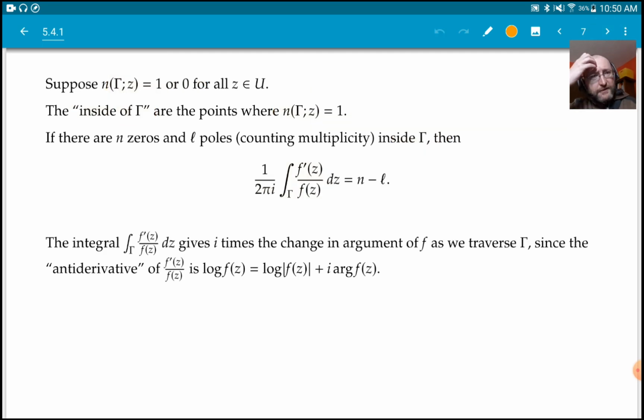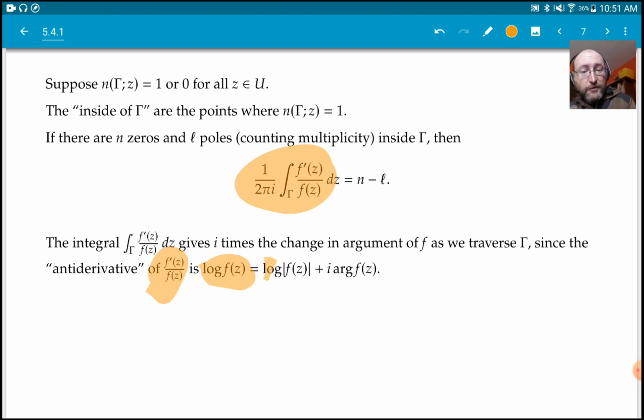Now, really, why is it called the argument principle? Because we don't really see an argument in this integral. Well, the thing is to think, what is it? The antiderivative of f prime over f is the holomorphic log of f.